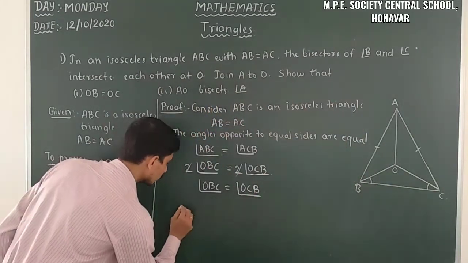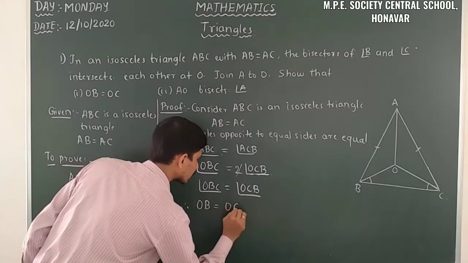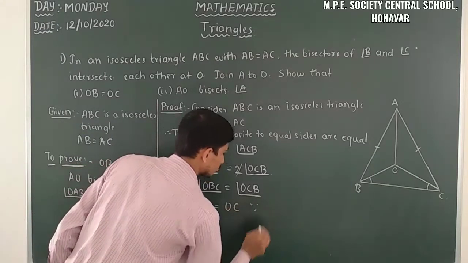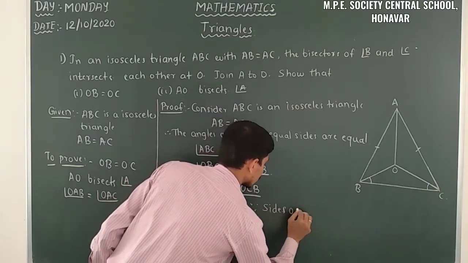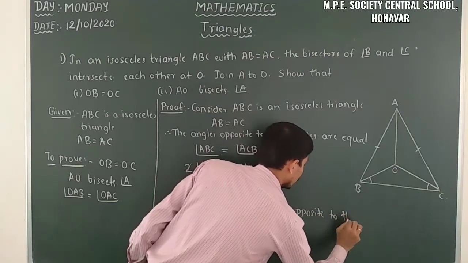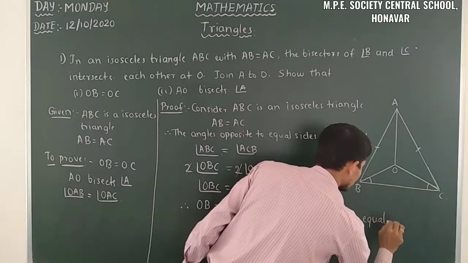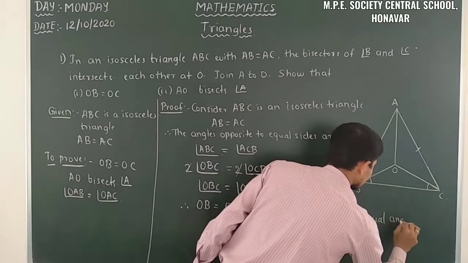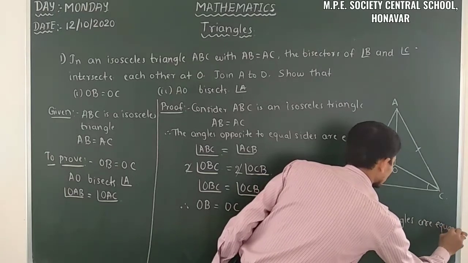Therefore OB is equal to OC because sides opposite to equal angles are equal.